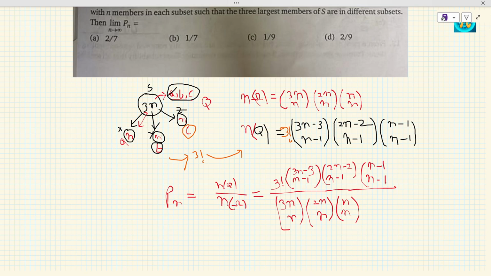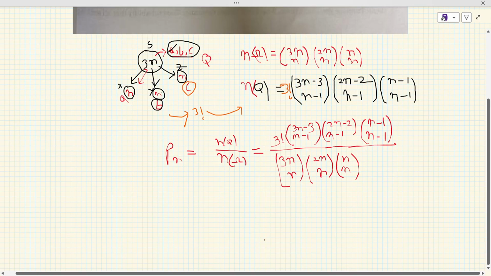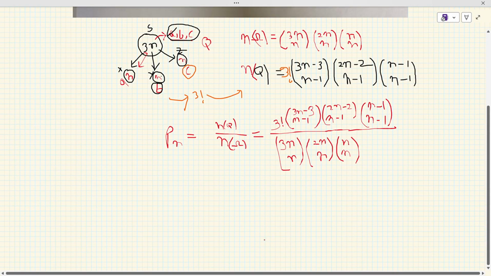So we have gotten the function for the probability of this event, and if we simplify this, you can do it yourself. I am just writing down the simplification.